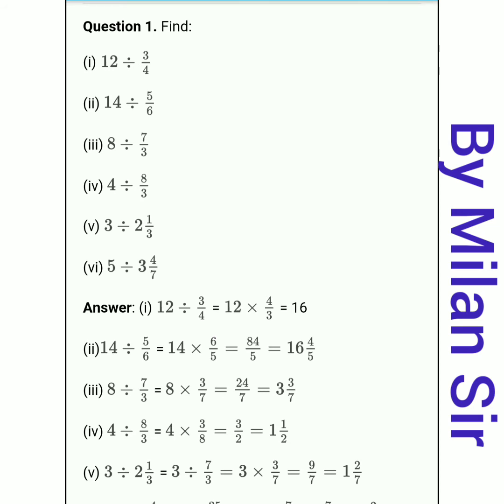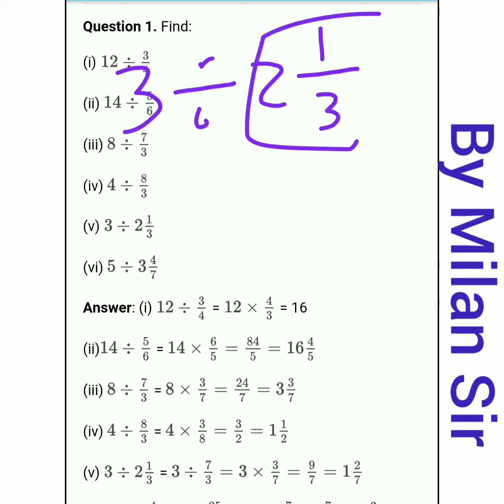Then question number 5. 3 divided by 2 integer 1 by 3. So first of all, we need to simplify this mixed fraction. That means we need to convert it into an improper fraction. Okay, after that we can take the reciprocal.